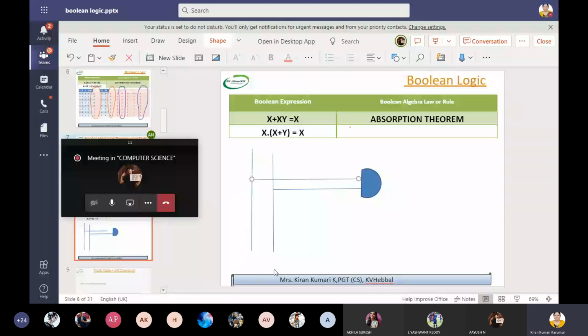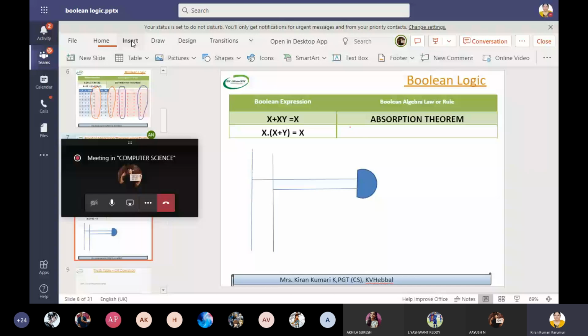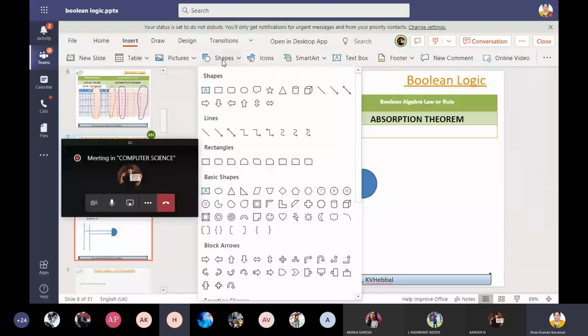Got it, children? Then we need another gate. What is the other gate? OR gate, yes.